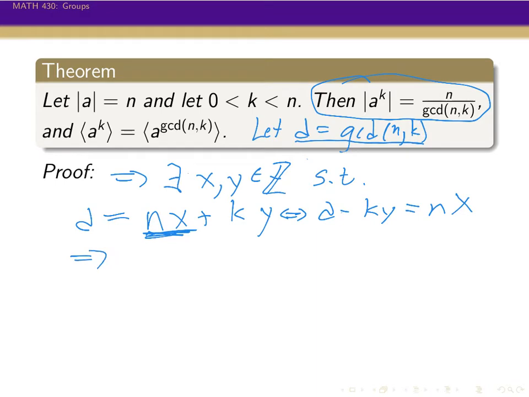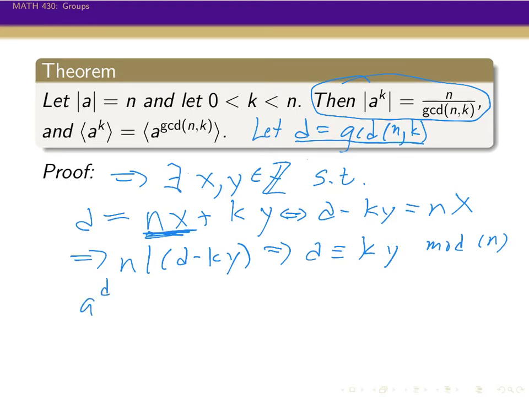And so since n divides d minus ky, this is exactly the definition of d being congruent to ky mod n. And then if we go back and think about what this means about a to the d versus a to the k times y, well, since d is congruent to k times y mod n, these actually are going to be the same thing.